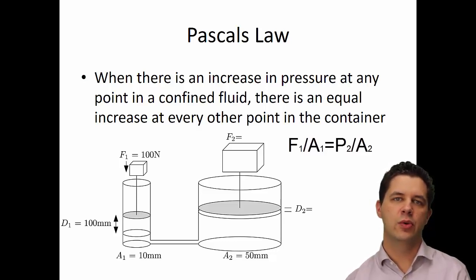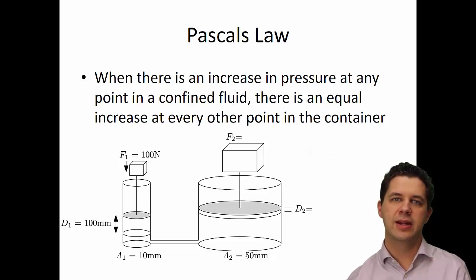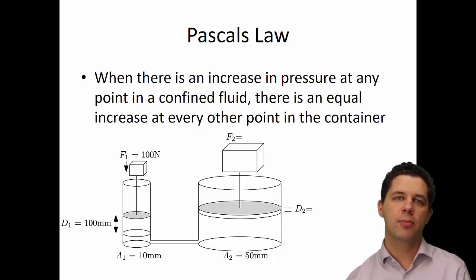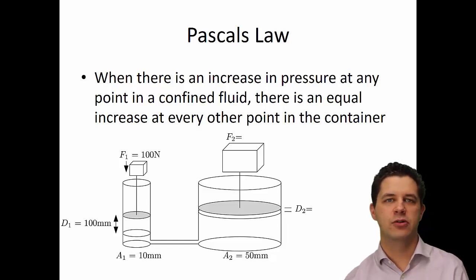F2, which is what we're trying to work out, on A2, which is 50 millimeters. We can then rearrange to find F2, and we find in this case that F2 is 500 newtons. So by applying 100 newtons of force, or in mass terms, maybe 10 kilos when we're figuring gravity, we can lift something that is 5 times heavier than that, 500 newtons or 50 kilos.